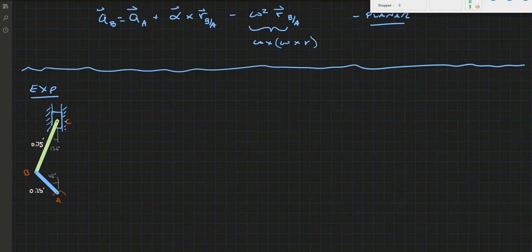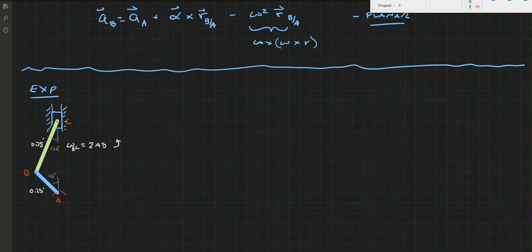In addition to all this, the angular velocity of BC, or CB, however you want to do it, is 2.43. Let's go this way.